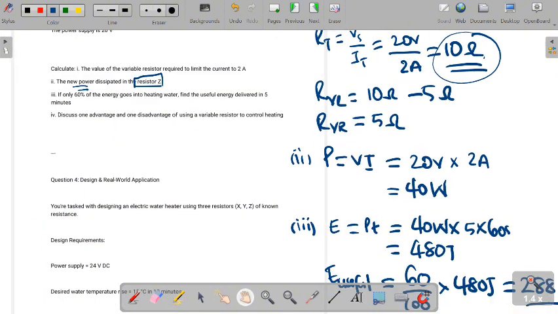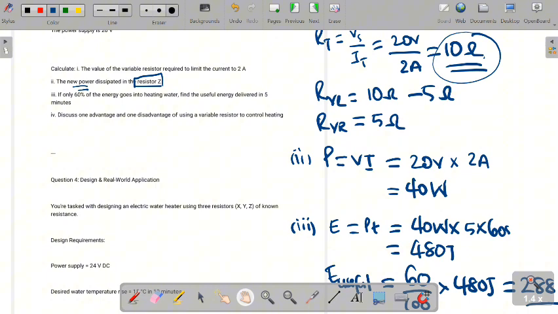So I think that's about it. What do you think? What are you finding? Is there anything we're missing right here? In 5 minutes, the useful energy. I'm thinking, is there something we're missing?